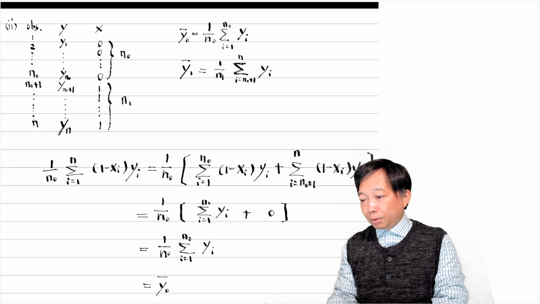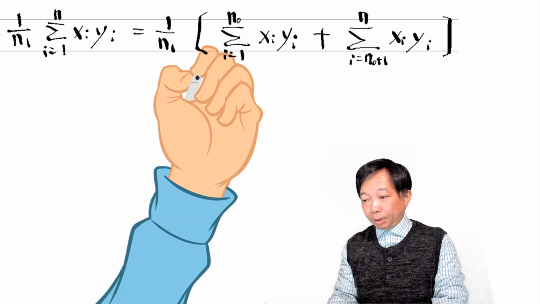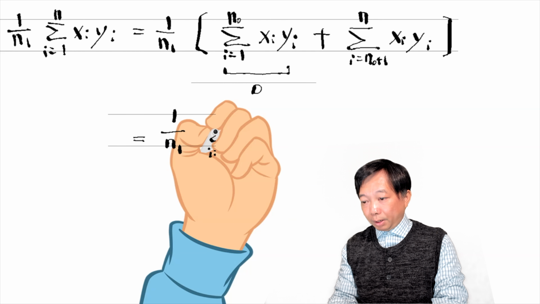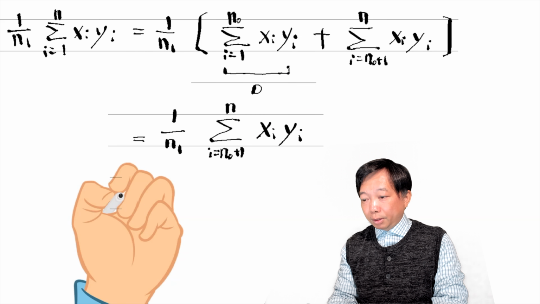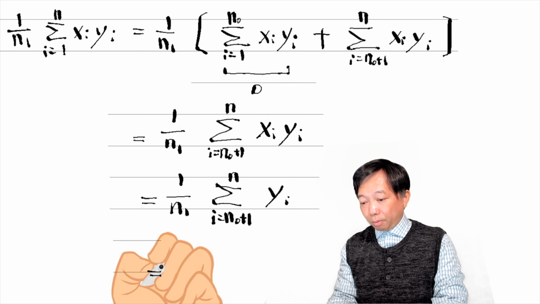The first part is the sample mean of yi with xi equal to 0. We use the same method to show the second equation. The right-hand side can be decomposed into two parts. The first part is 0, and the second part is the sample mean of yi with xi equal to 1.